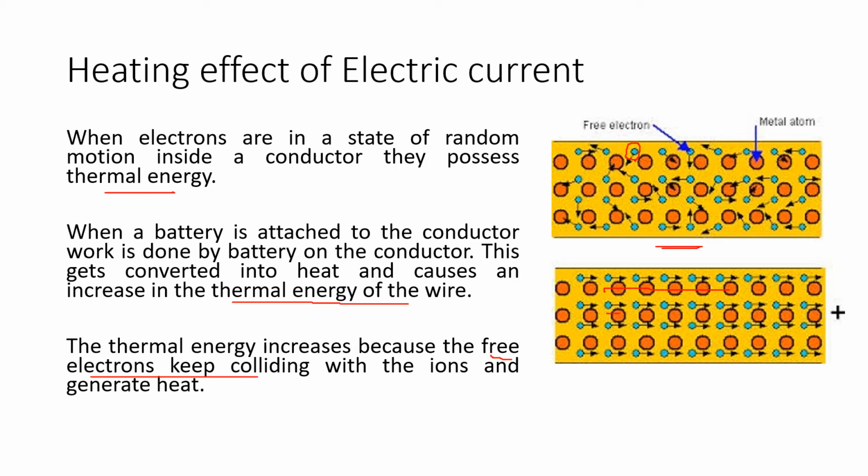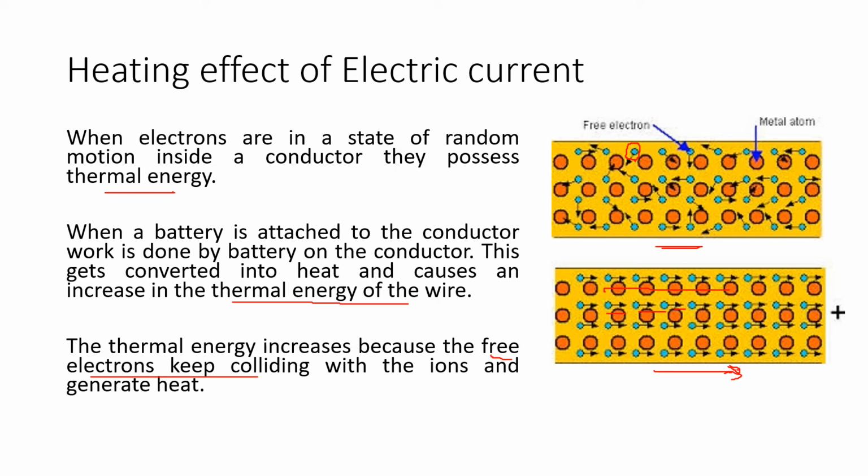So when these free electrons are moving, they are colliding with the ions. So when the battery gives them energy to move in one direction, while they are moving in that direction, they are also colliding with the ions, giving rise to heat. So this makes the wire hot.